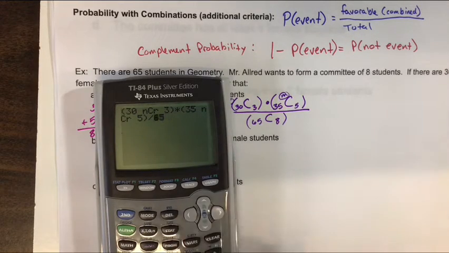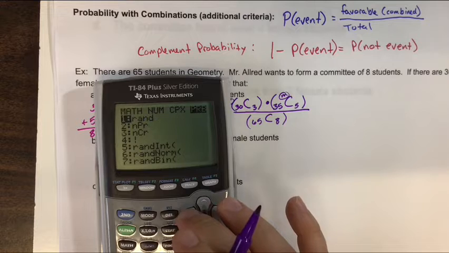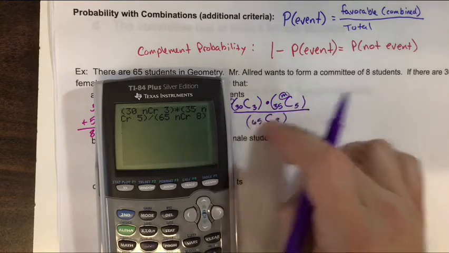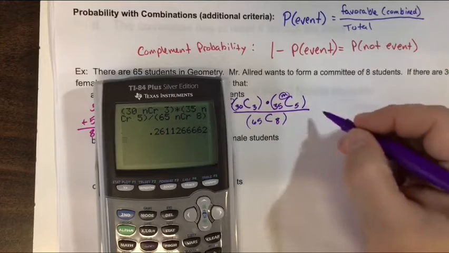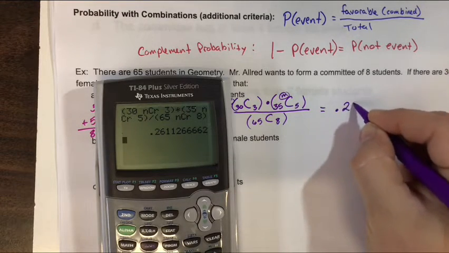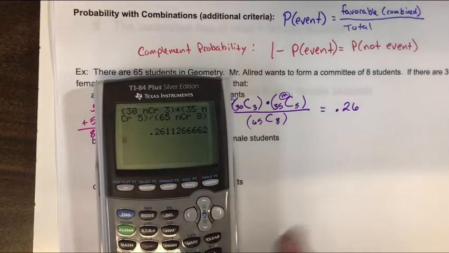I need to put that in parentheses, hold on, back, parentheses, 65. Math, probability, option 3. We're choosing 8 of them. Close your parentheses. That is all of that in the calculator. Hit enter, and we get about 0.26. Remember, probabilities need to be between 0 and 1. Okay, or as a percentage, that would be about a 26% chance.